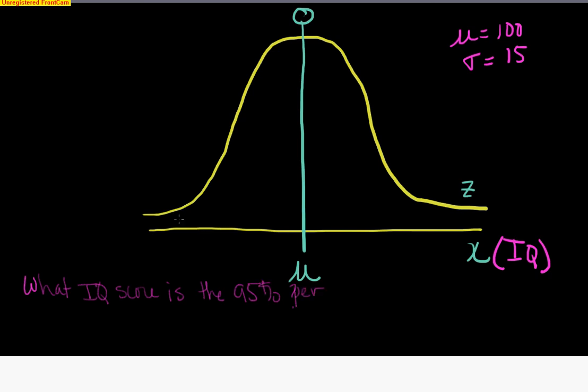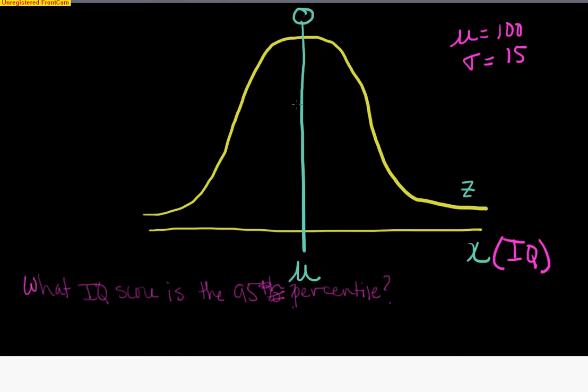What that means is, what score is such that 95% of the population is below that score and the other 5% is above it.